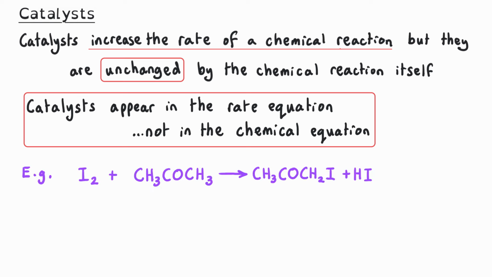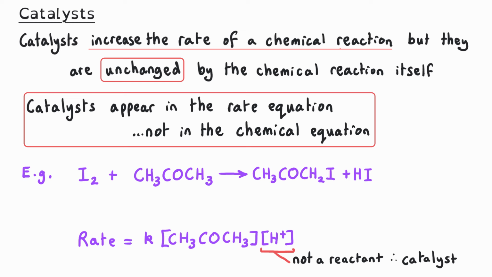For instance, in the chemical equation that I'm showing here with the reaction between iodine and propanone, this is the chemical equation, but the rate equation will show that rate equals k[propanone]^1[H+]^1. And so we can see that this is first order with respect to propanone, and first order with respect to the hydrogen ions, which were not shown in the chemical equation.